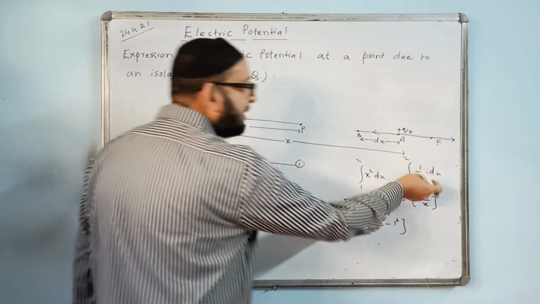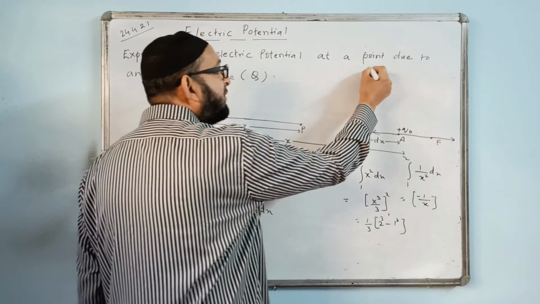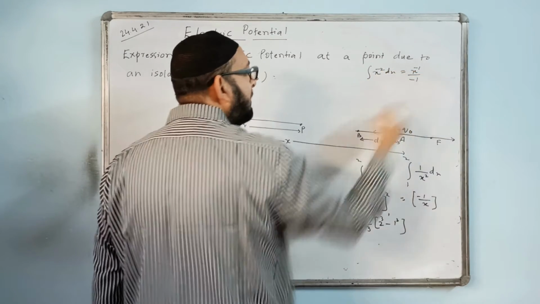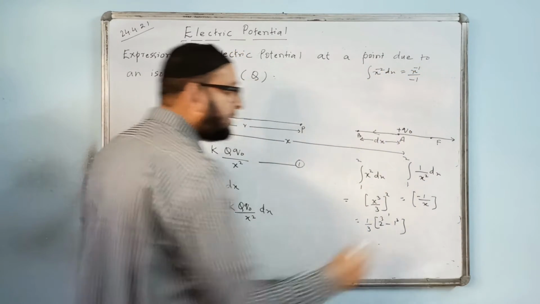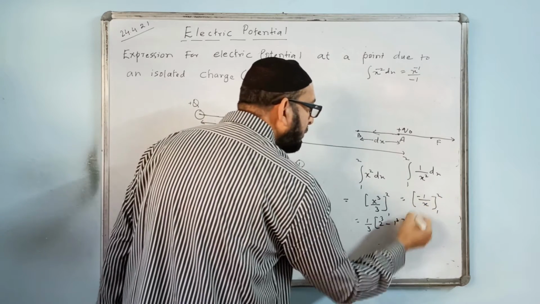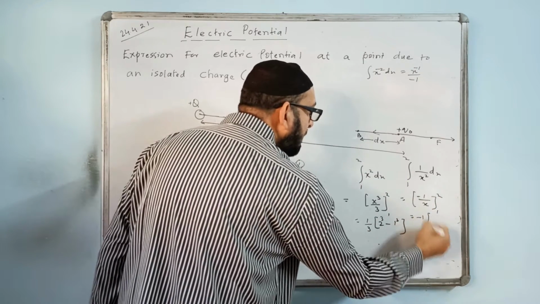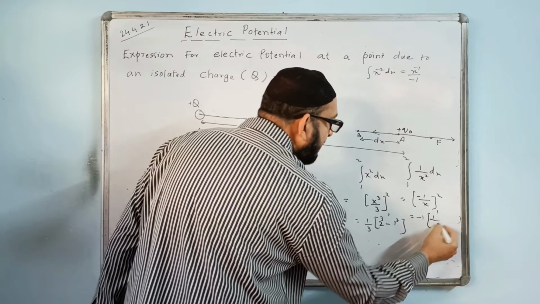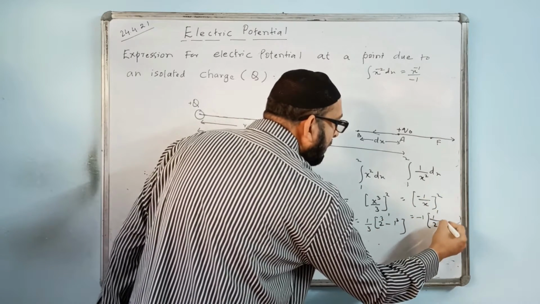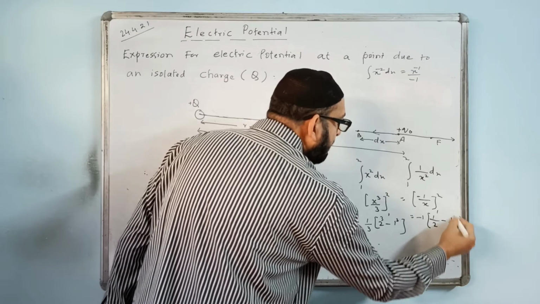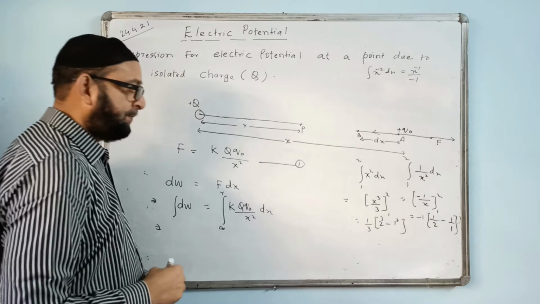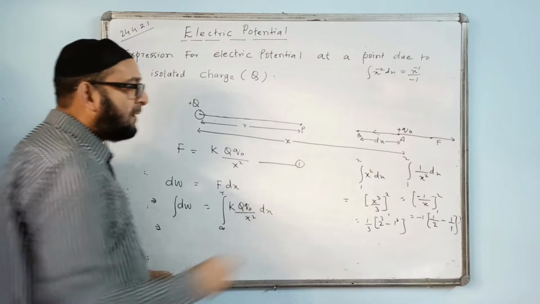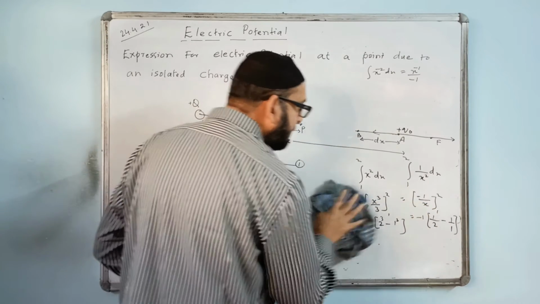If you are not sure, you can check on the rough side: x to the power minus 2 dx, then you do x to the power minus 1 by minus 1, and then arranging, it becomes this. The limits you are putting 1 and 2. This minus sign keep outside. And x has got two different values, first the upper value and then the lower value. We write like this: 1 by 2 minus 1 by 1. First the upper value minus the lower value for x. This will be normally arranged.